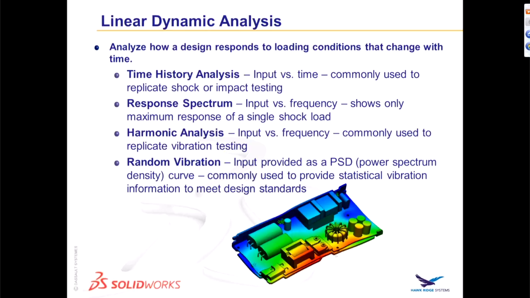And so the random vibration study will give you some results that show what the maximum stresses or displacements will be within a certain percentage of the time. It's more of a statistical analysis.